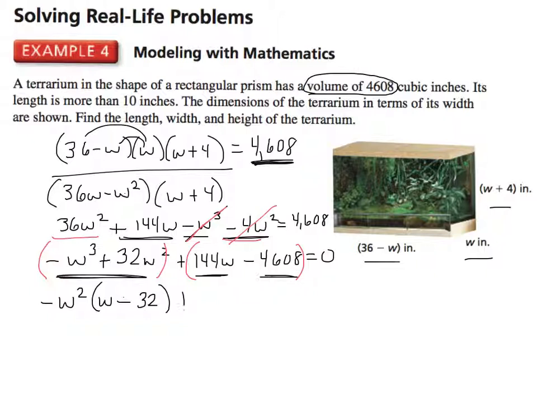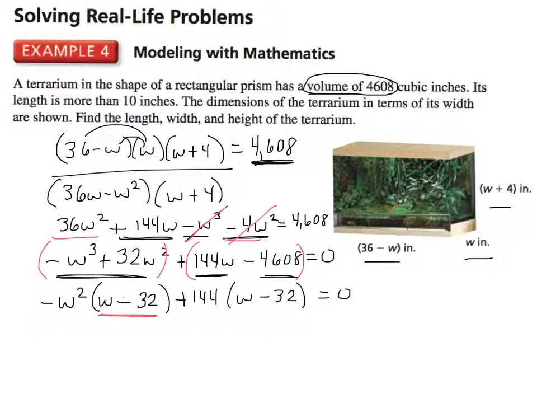Now, what can I take out of both 144 and 4,608? Well, I can take out 144. And the hint is because whatever I get, I have to have W minus 32. So I know I have to take out a 144. So that would give me W minus 32. Hey, look at that.